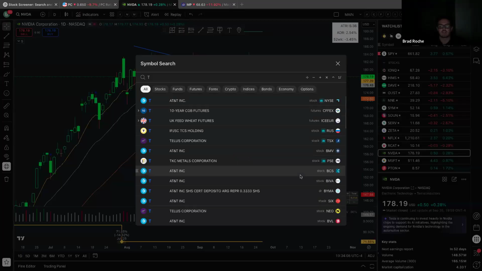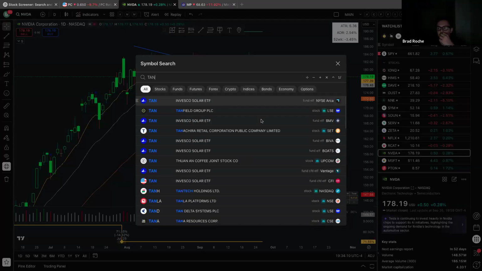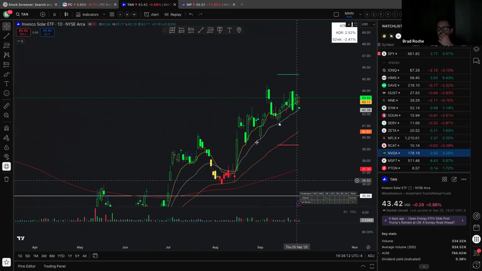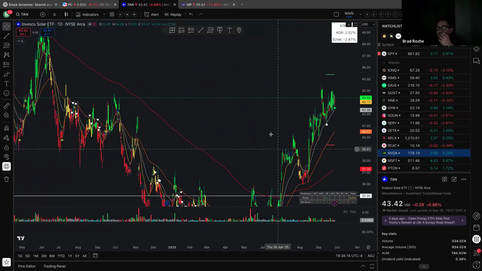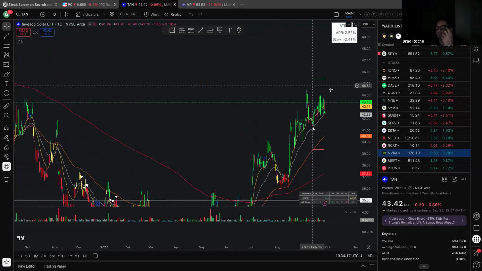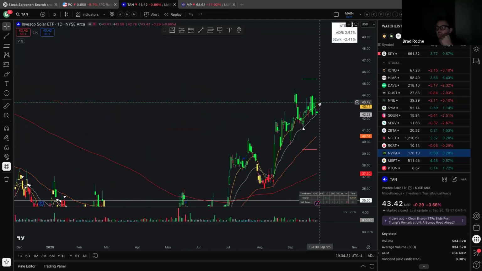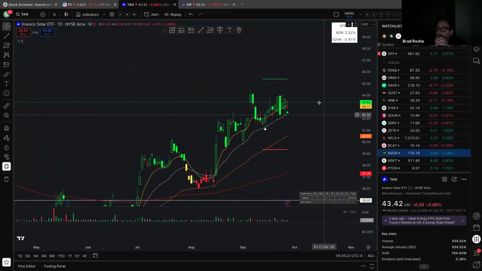And actually, TAN looks good as well, but I won't trade it. This looks great. Could have a huge move coming up. Not a huge move, but I mean 45, 46. It's just a really slow mover. But yeah, any other questions? I think I covered them all.